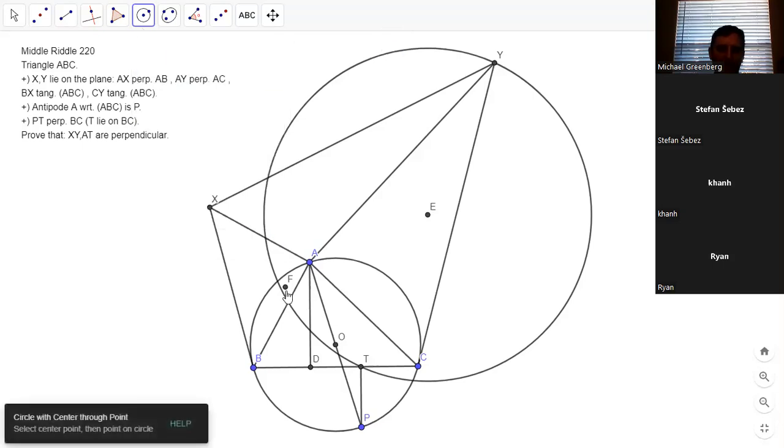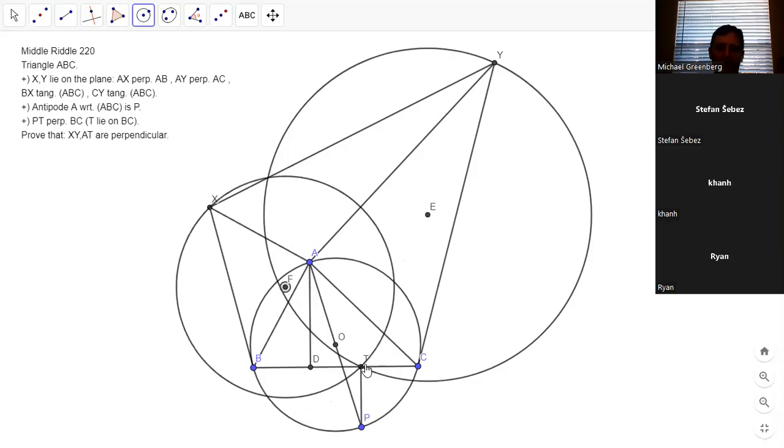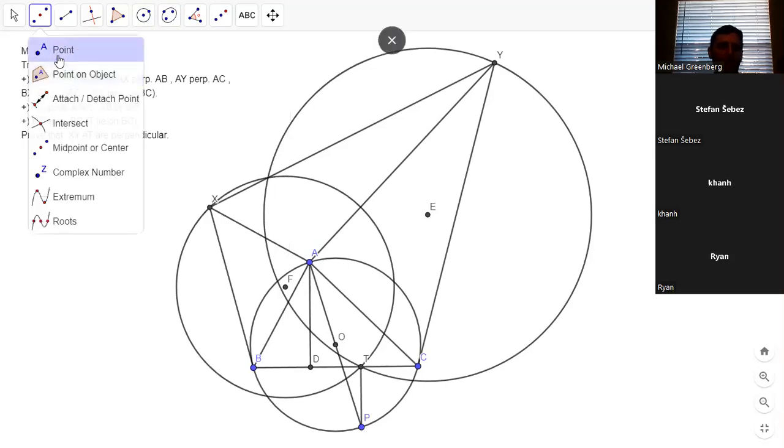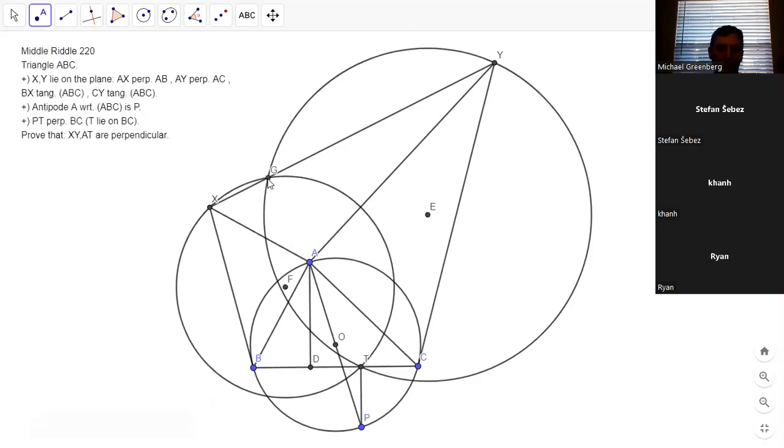I guess another way to state the problem is that we want to show A lies on the radical axis of these two circles. And can we get the power of A with respect to them? Yeah, we know these concur. We need to show that A lies on their radical axis.